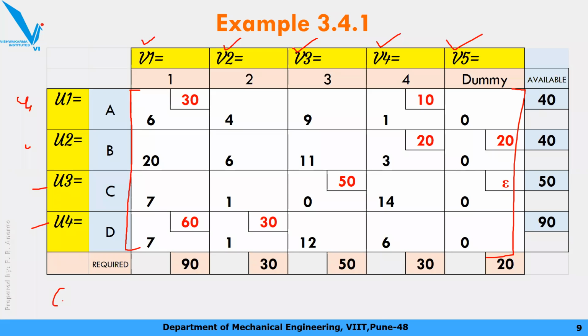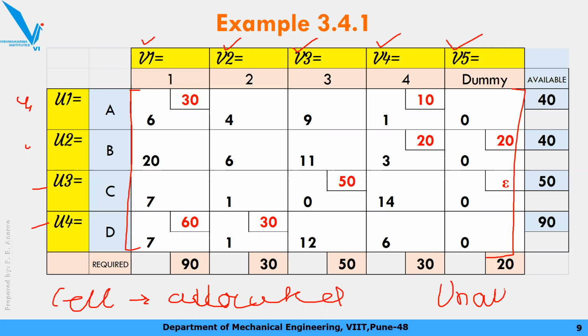There are some cells which are occupied or allocated, and there are some cells that are unoccupied or unallocated. Okay, दो भाई हैं, एक allocated है, एक unallocated है.